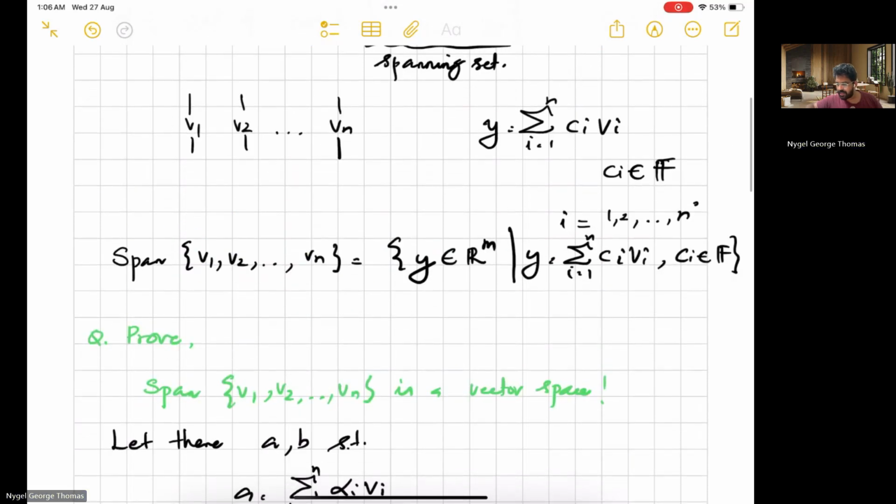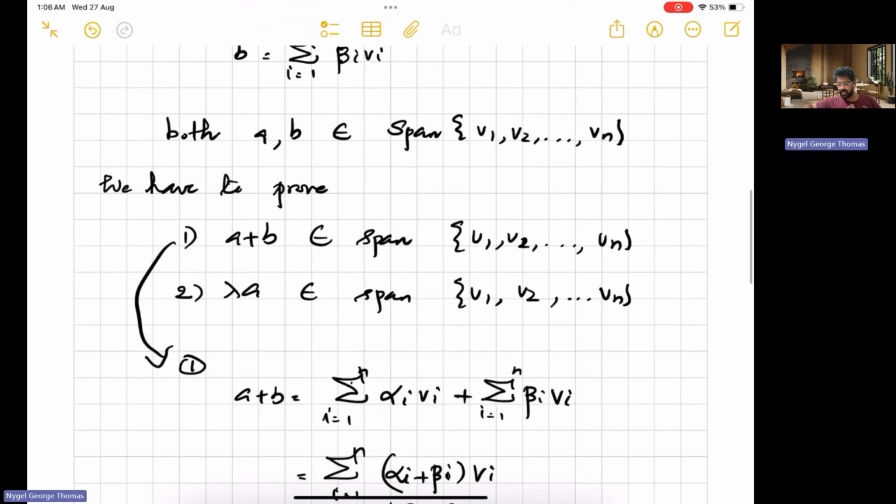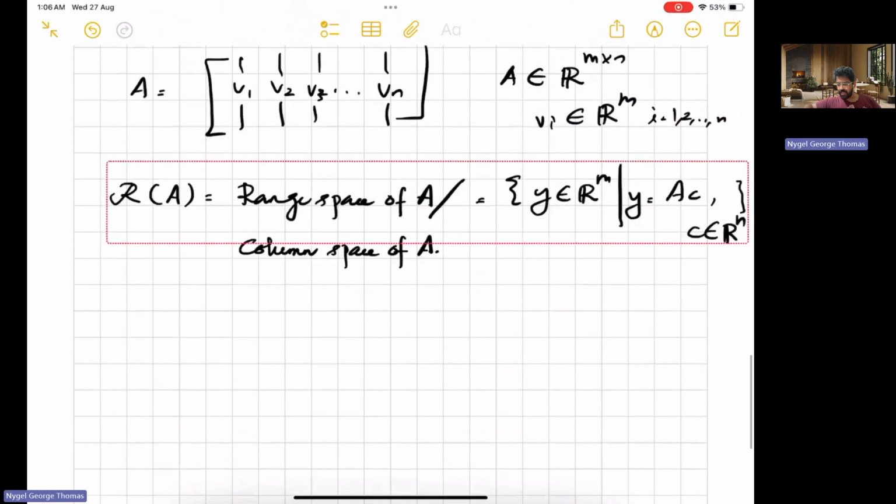Here, we have expressed y as a linear combination of all these vectors, the set of all linear combinations, right? Similarly, here, if we take A into C, one set of C, we get a y vector. Similarly, if we take all such C's, then we get a set of y's.